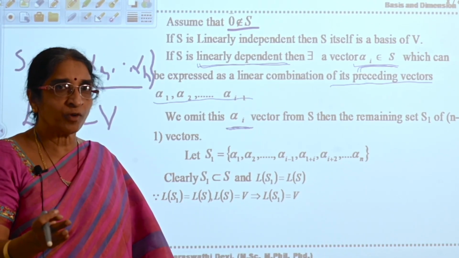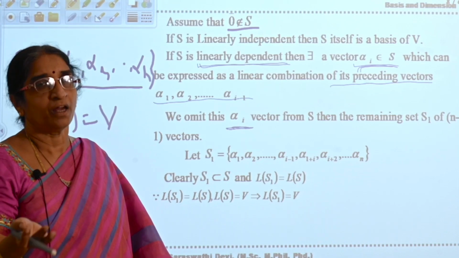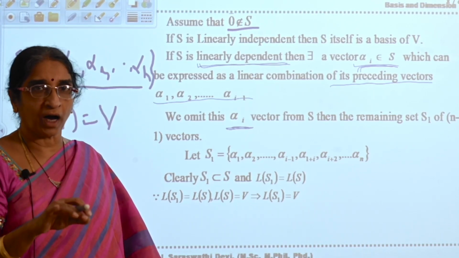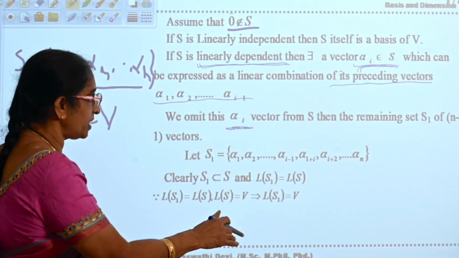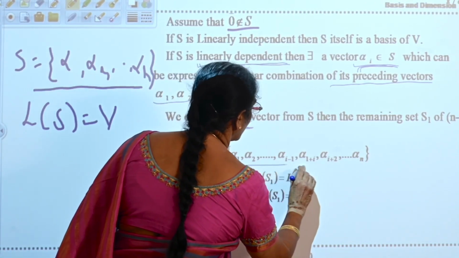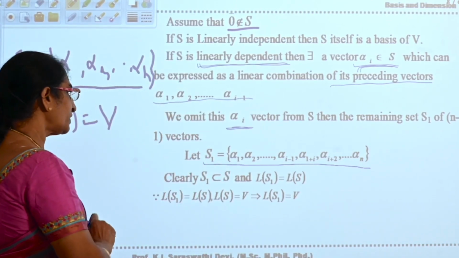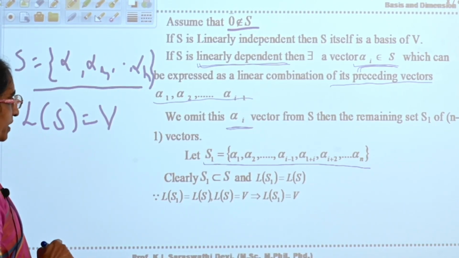So how many elements remain? n minus 1 elements. Call that set S1.